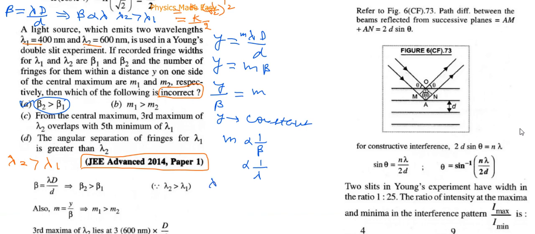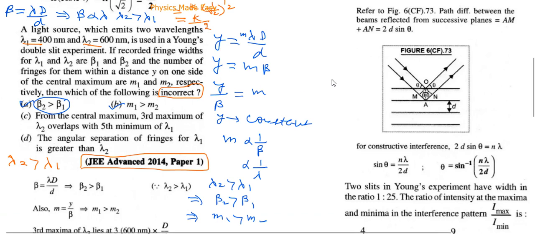Now lambda 2 is greater than lambda 1, which implies beta 2 is greater than beta 1, there is no doubt. As m is inversely proportional to beta, it means m1 is greater than m2. So this is also correct, but not the answer.